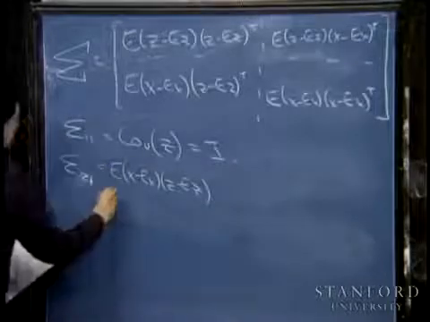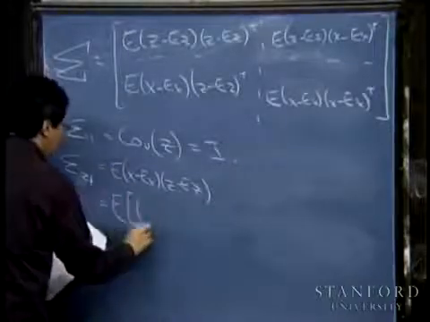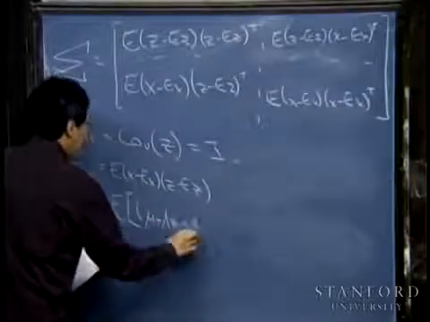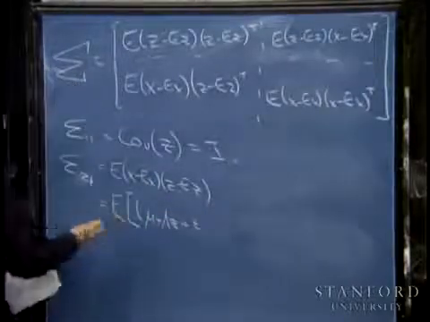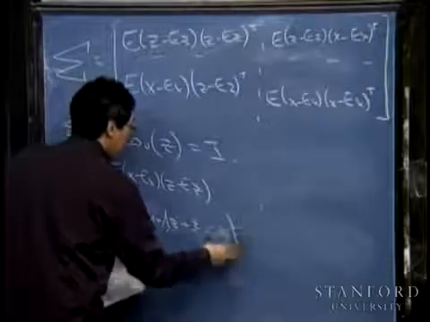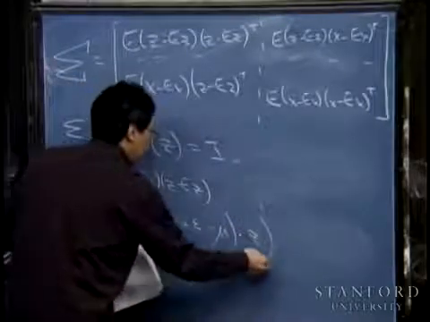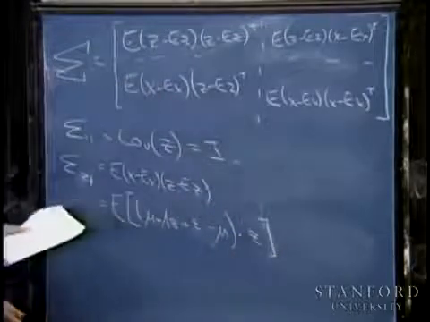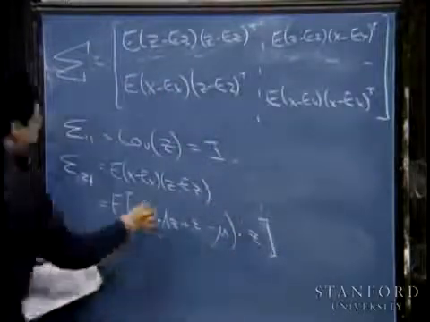So x is equal to mu plus lambda Z plus epsilon, then minus EX is minus mu, and then times Z, because the expected value of Z is 0.